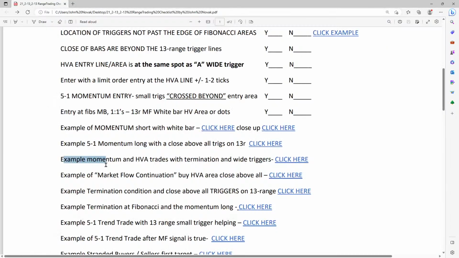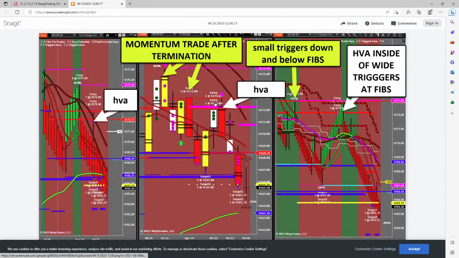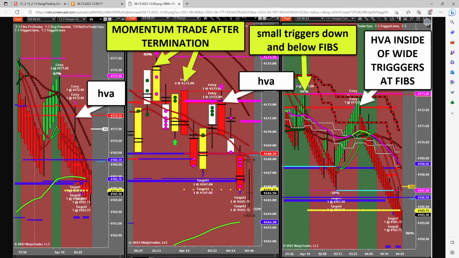Now, example momentum and high volume area trade. So I wonder what this looks like. Let's take a look at it. So again, there's two trades here.